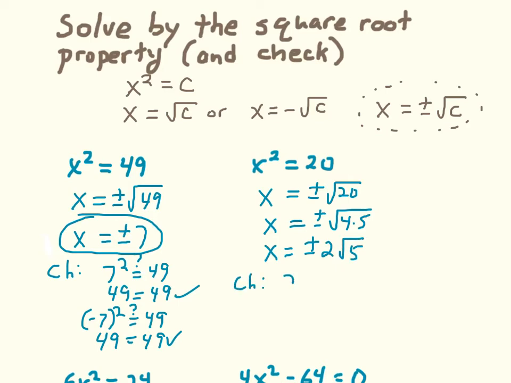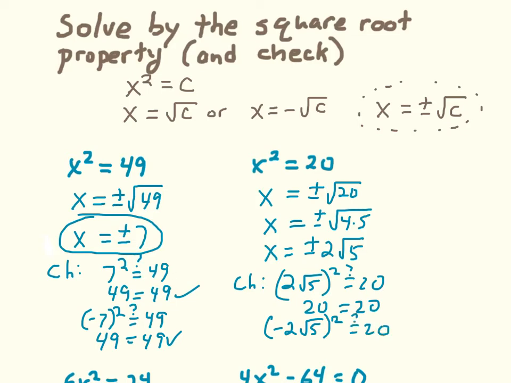Does 2 root 5 squared equal 20? Well, I square the 2, square the root 5, so that's 4 times 5, so 20 equals 20. Same thing happens if I square the negative 2 root 5. That also will mean 20 equals 20. So those are two good solutions.